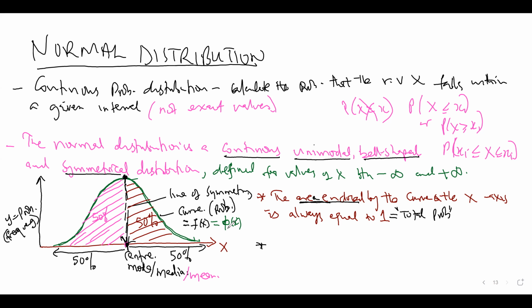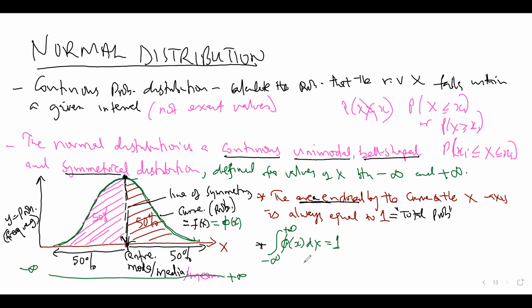We know that from calculus, if you want to find the area below a curve and above the x-axis, you need to do integration. So here we're supposed to integrate this function of x with respect to x from -infinity to positive infinity. Once you find that area under the curve, this will give you a 1. If you don't want to integrate from -infinity all the way to positive infinity, you will be integrating from a certain point to another point.